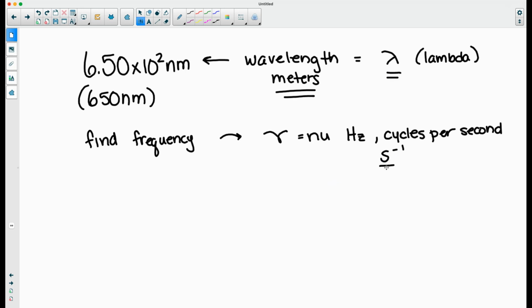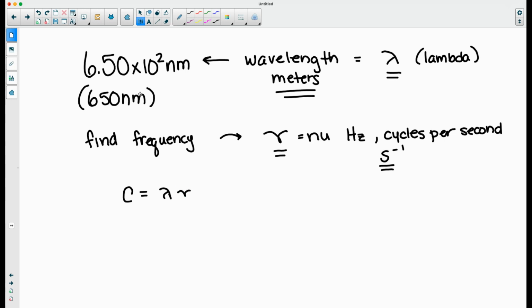Frequency is measured in seconds to the -1, cycles per second, or hertz, and it is represented by nu. We are trying to find the frequency from the wavelength, so we are going to use the formula from our formula sheet that says c equals lambda nu.